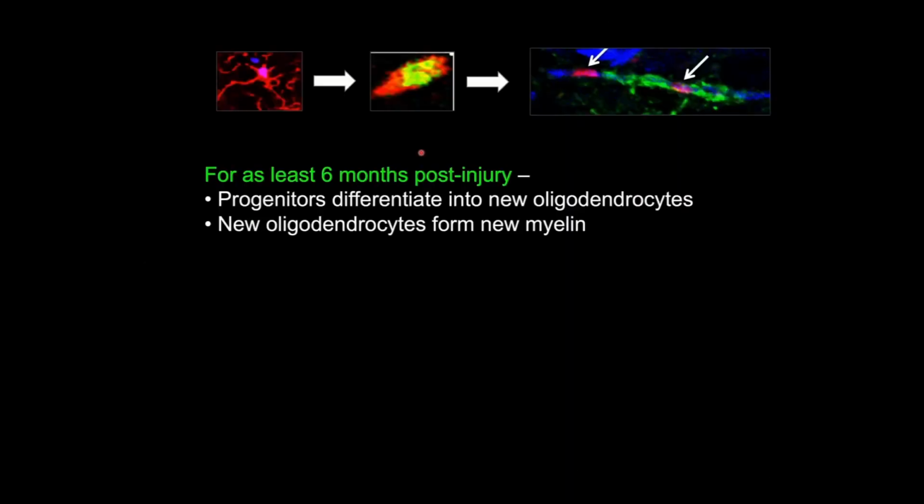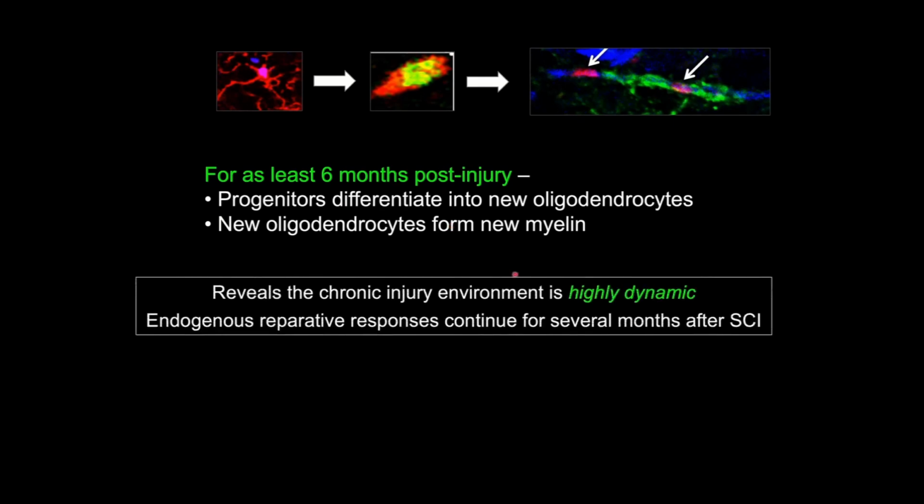To me, this data was really exciting because it shows that the spinal cord is not stabilized, as I was taught as a postdoc. It's not just quiet with nothing else going on. Actually, for 6 months post-injury, the spinal cord is working to repair itself. It's forming new oligodendrocytes, forming new myelin, and it's quite dynamic over time.